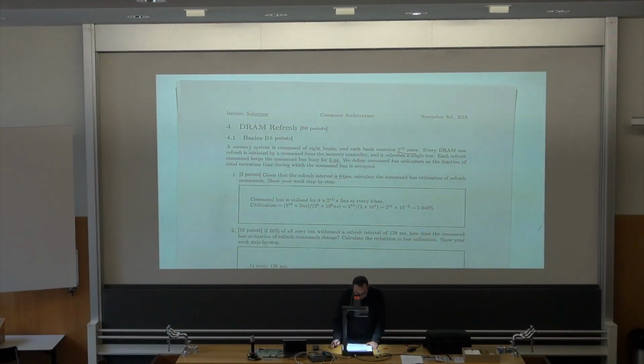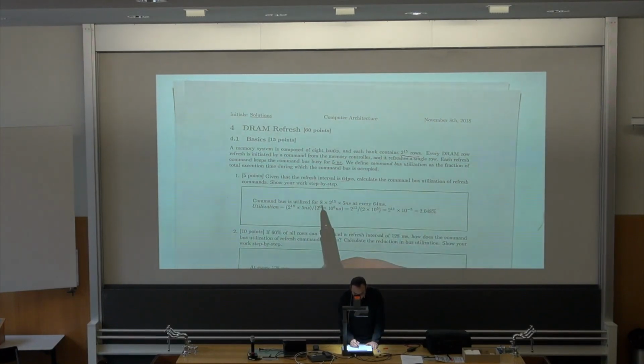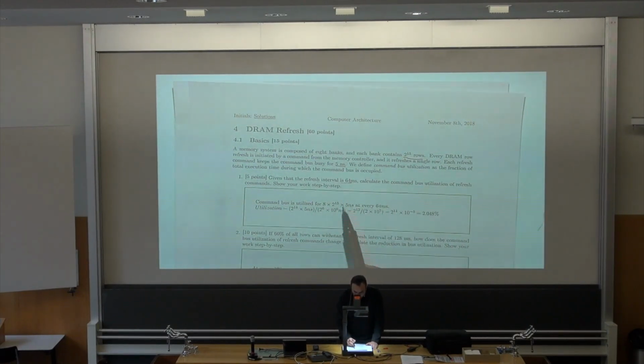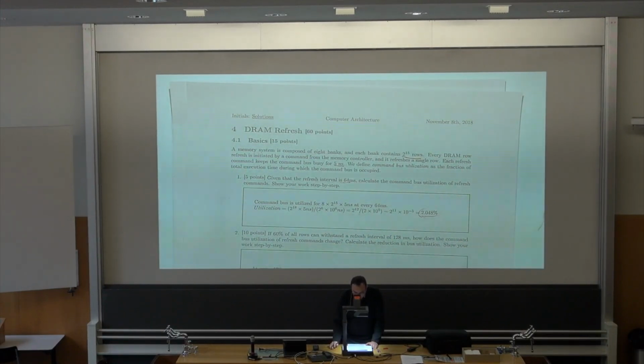So what we do here is pretty straightforward. Command bus is utilized for 8 banks, 2 to the 15 rows, and for 5 nanoseconds for each row at every 64 milliseconds. So when you compute this and divide it by 64 milliseconds, you get this number.